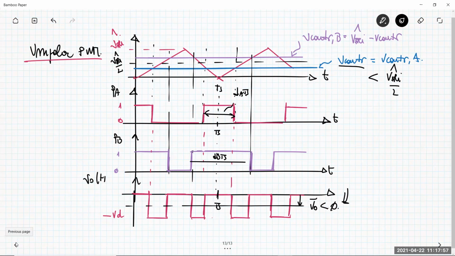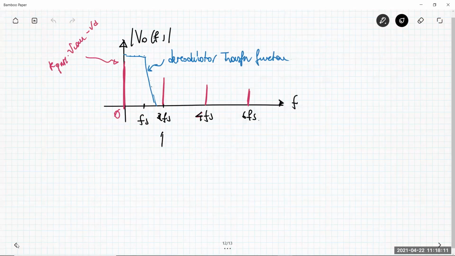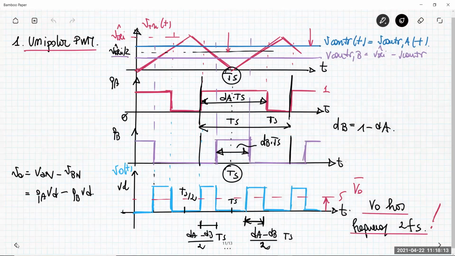Another consideration that now appears to be clear is why this kind of modulation is called unipolar or three levels modulation. Unipolar, because look at what happens here when we have the positive average voltage. The instantaneous voltage V naught here is totally positive or zero. V naught of t is always greater than zero.